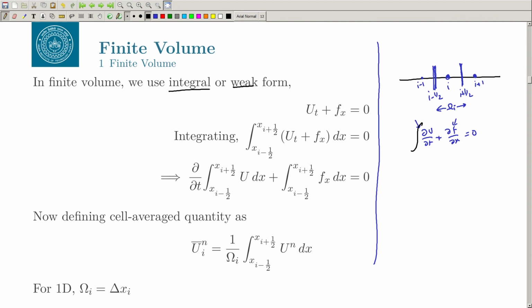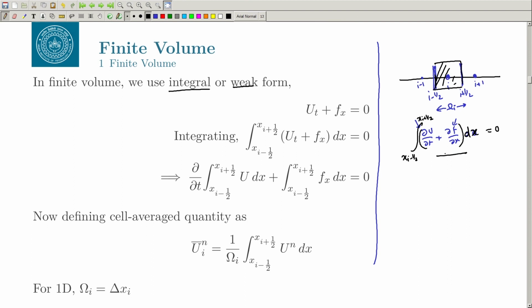We are going to integrate it, because we are talking about this cell, from I minus half to I plus half. So, you can call it x I minus half to x I plus half, dx, equal to 0. So, you are basically integrating the value around each cell.